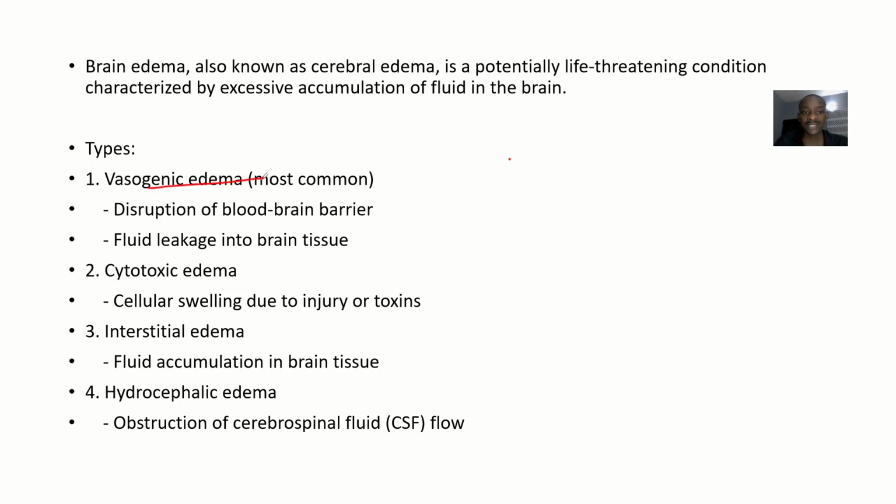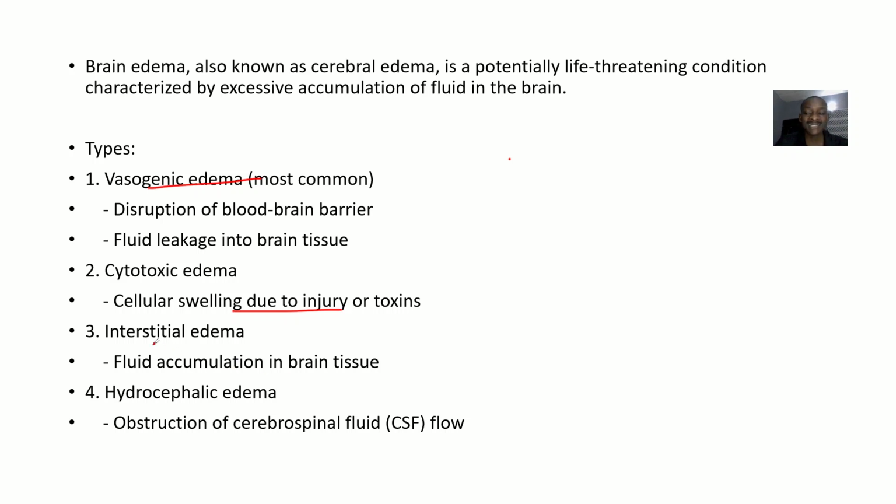Types now. It could be vasogenic edema, and this one is as a result of disruption of the blood-brain barrier. Okay, so if the blood-brain barrier is disrupted, fluid will leak into the brain tissue. All right. It could be cytotoxic edema, where there's cellular swelling due to injuries or toxins, right?